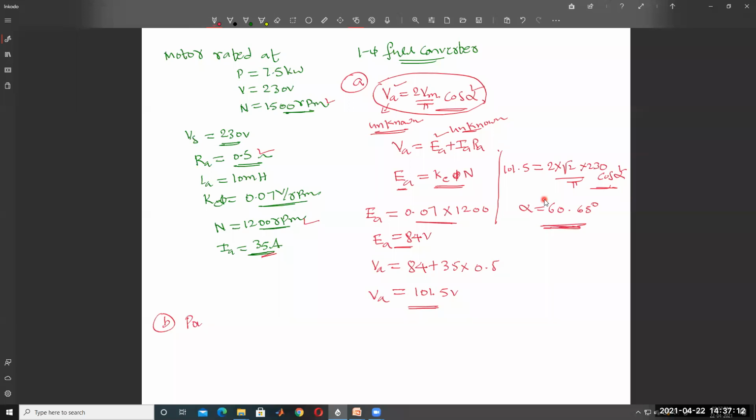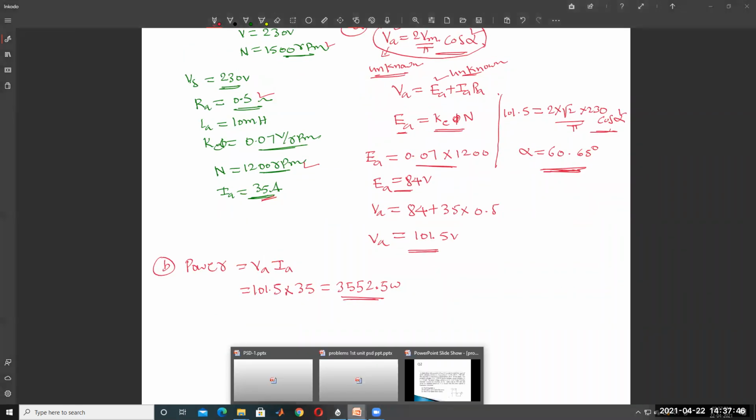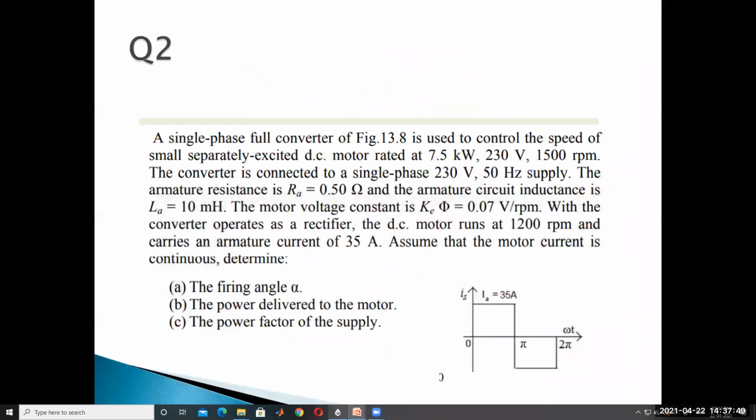Power is equal to VA into IA, so 101.5 into 35, which is equal to 3552.5 watts. I got this much power. This is the second question, the power delivered to the motor.